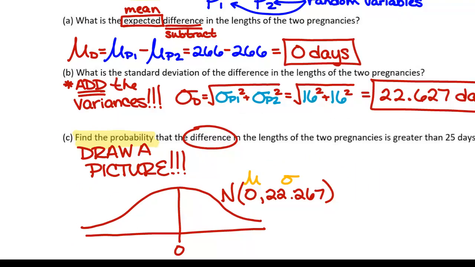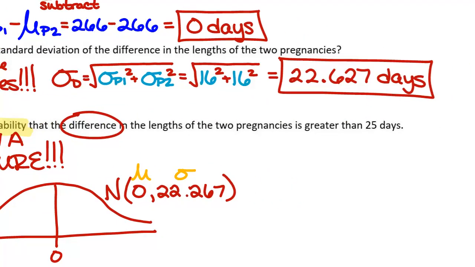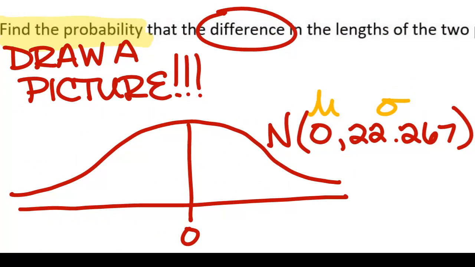I want to know the probability that the difference in the lengths of these two pregnancies is greater than 25 days. And this is where I made my mistake on my answer key. I wasn't totally wrong, but I missed something. If person 1's pregnancy is longer than person 2, and I subtract the lengths of their pregnancies, I would end up with what type of number? Positive number. If person 1 goes longer than person 2, if their number is bigger, then it's a positive.